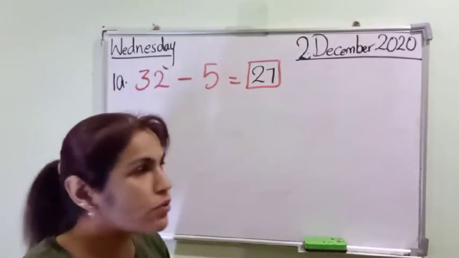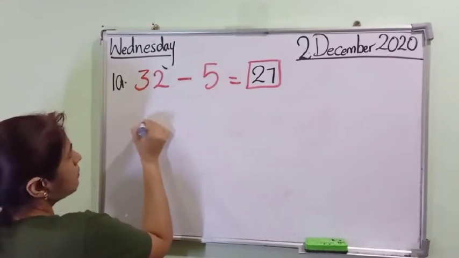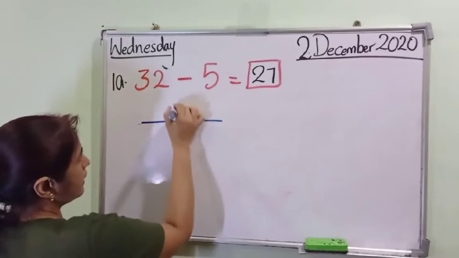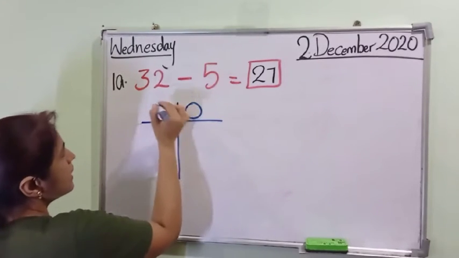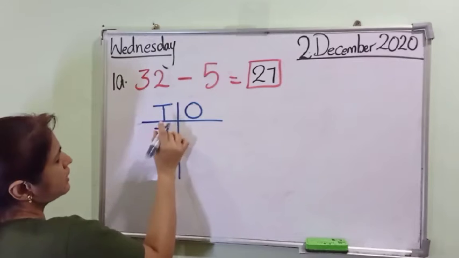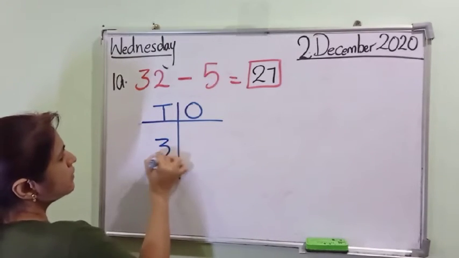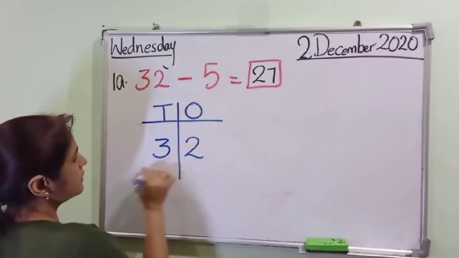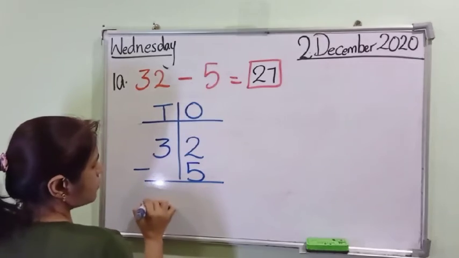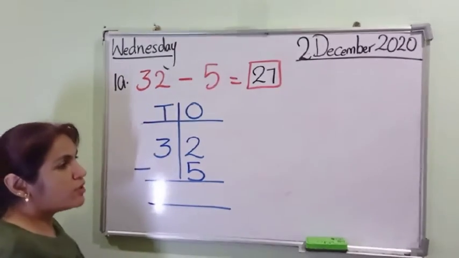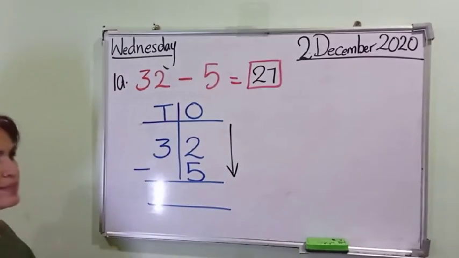Alright, let's do tens and ones table here. Please look very carefully at the board. You have tens and ones. Place the numbers 3 tens and 2 ones minus 5. So your first step is to draw an arrow on your right hand side.